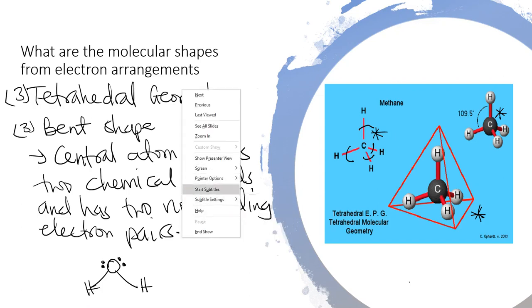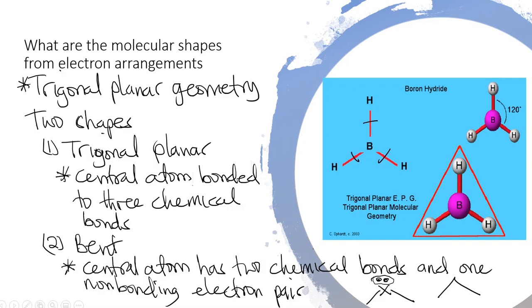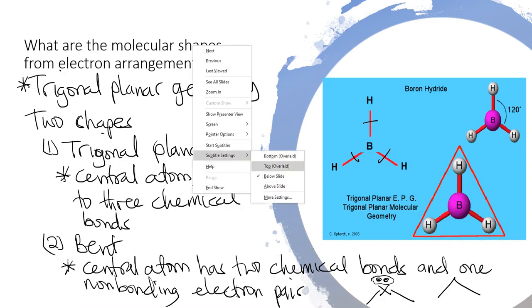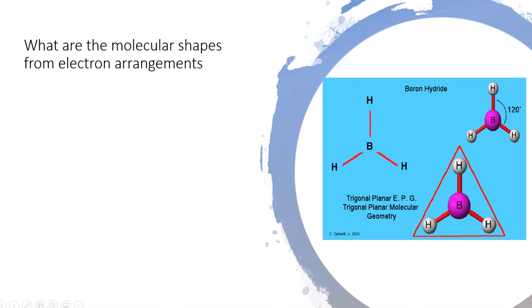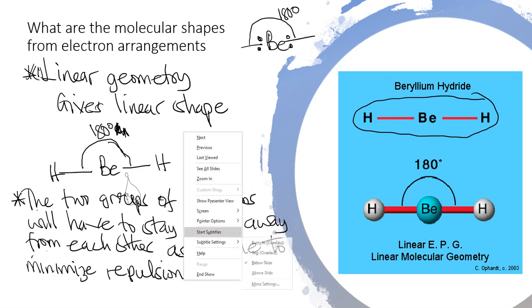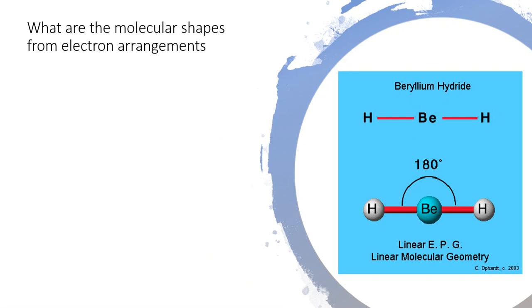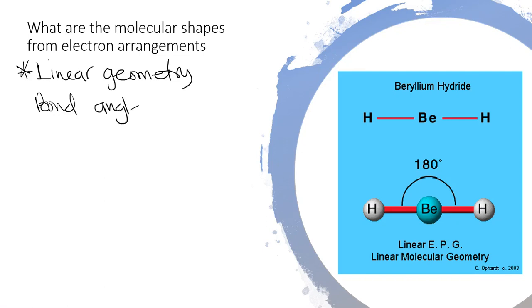So another thing that we can talk about on this is the bond angles. So in a linear geometry, the bond angle, that is this chemical bond, is 180 degrees.